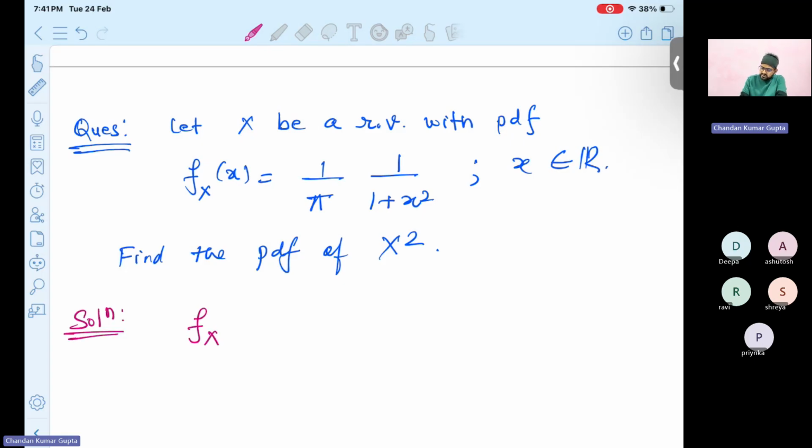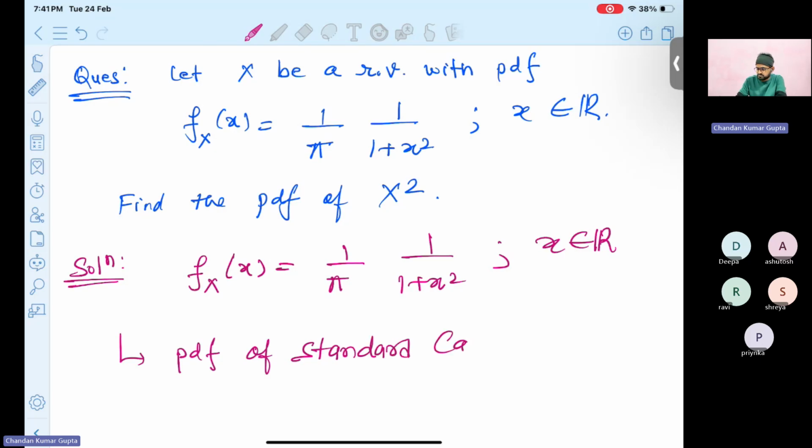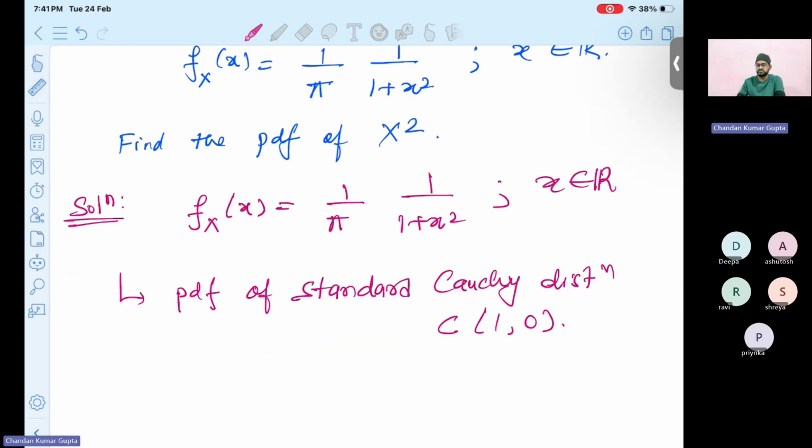We are given the PDF 1 upon pi times 1 upon (1 plus x square). Actually, this is the PDF of the standard Cauchy distribution, having parameter values 1 and 0.